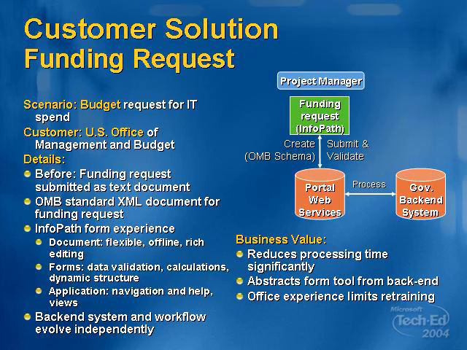So the way that you see this is you've got a project manager who's the person who needs the support of IT, who generates the InfoPath front-end request, which is using the OMB schema, which has a well thought through validation and support that's either permitted or not permitted in filling it out. And it goes back and forth to a portal-based web service, so a .NET web service that takes that request, packages it up, and sends it to the official government back-end system. That's a very, very big and sort of untouchable legacy system right now.